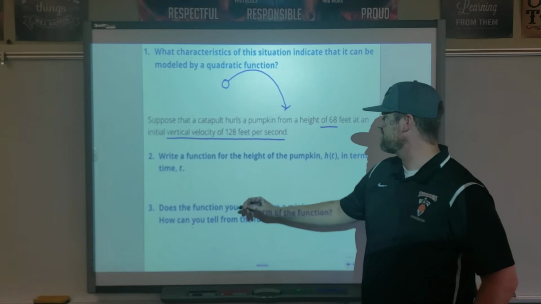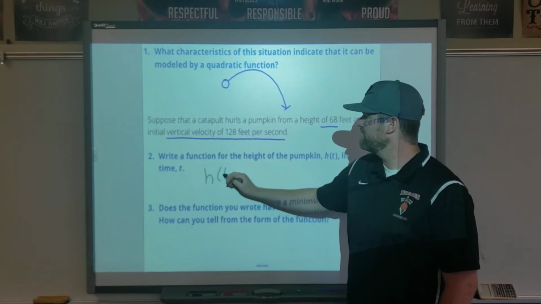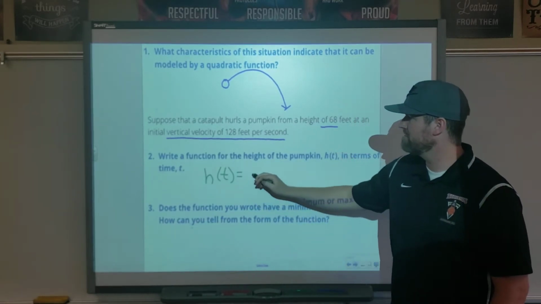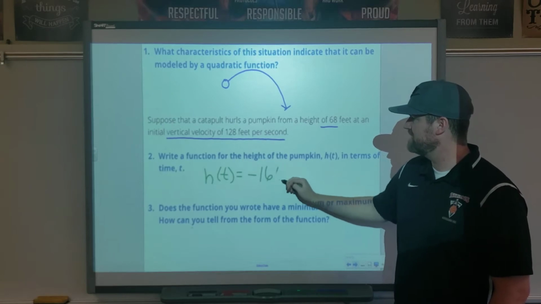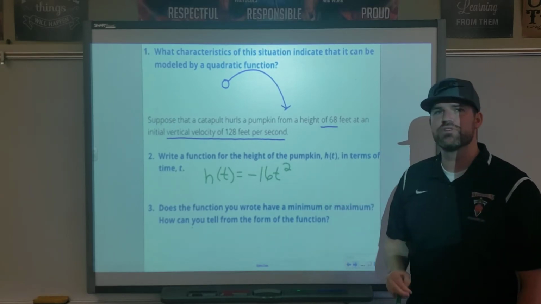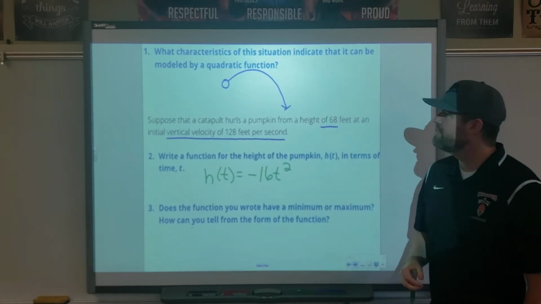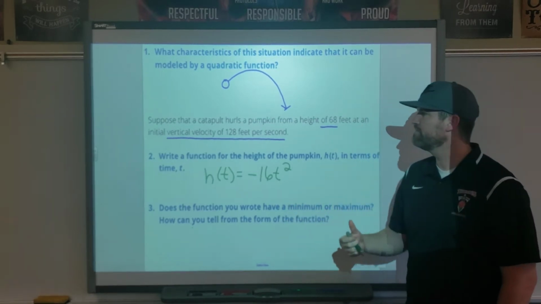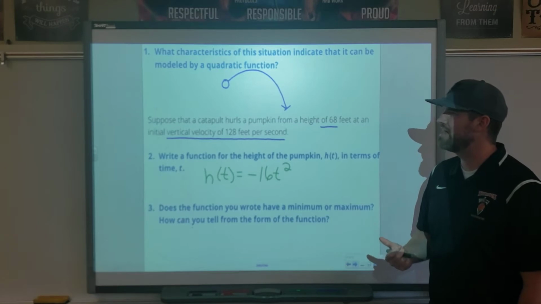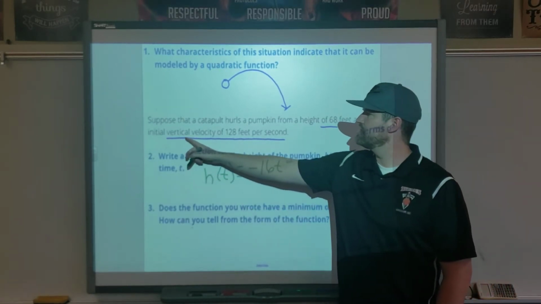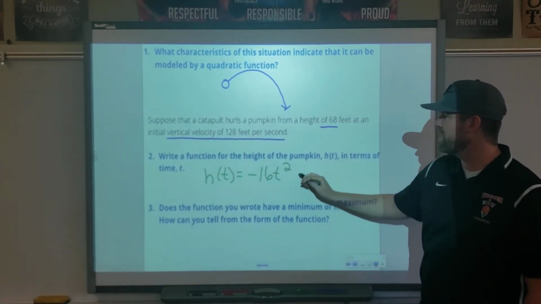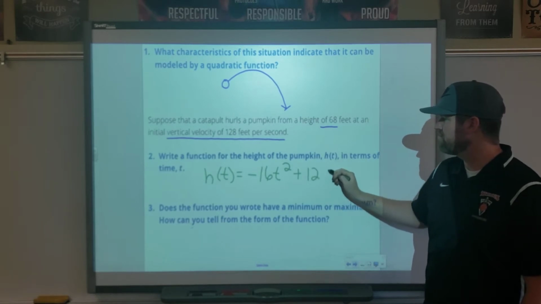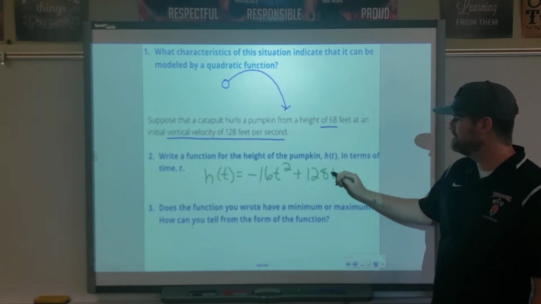Well, yes, of course. We know that the start of the vertical motion model is always negative 16t squared, and that has to do with the force of gravity. And then it was plus v sub 0 t. Well, v sub 0 was our initial velocity. It tells us that the initial velocity was 128 feet per second. So we get 128t.